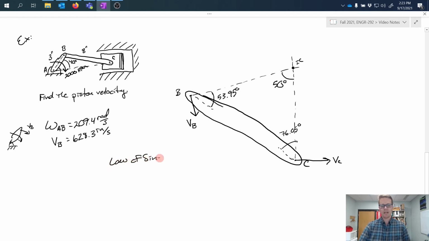So since this is just a triangle with some arbitrary angles, I'm going to use the law of sines and solve for some of my side lengths here. So the one side length that I know is that BC, the connecting rod here, is 8 inches in length.